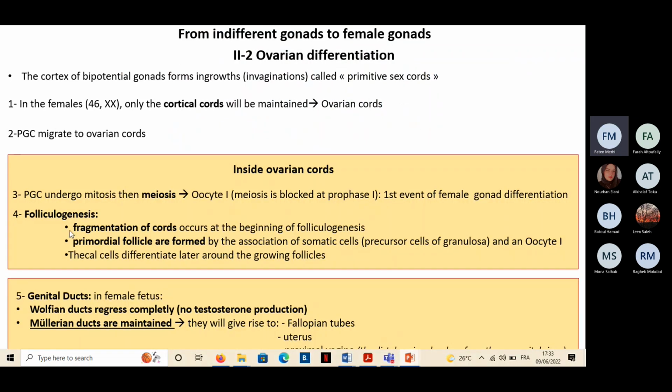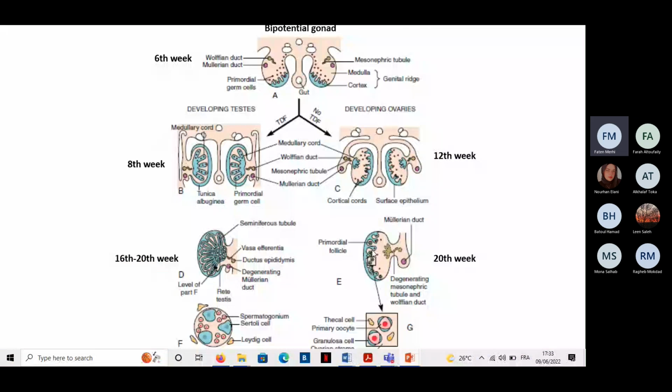So the primordial follicle is formed by the association of somatic cells, which are the granulosa cells or the follicular cells, coming from the fragmentation of the sex cords. Here we have the fragmentation of the sex cords. The sex cords, you know, are somatic cells having for origin the epithelial cortex.